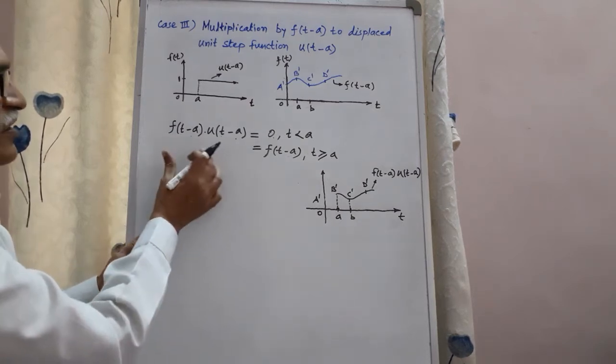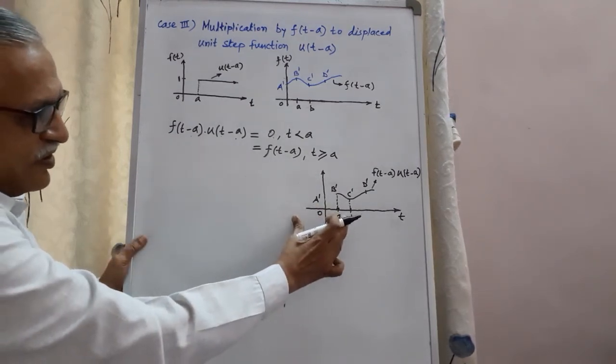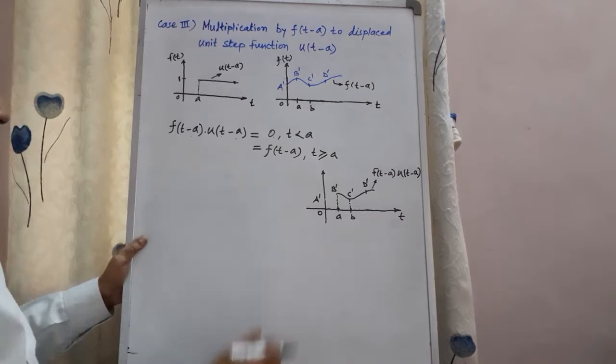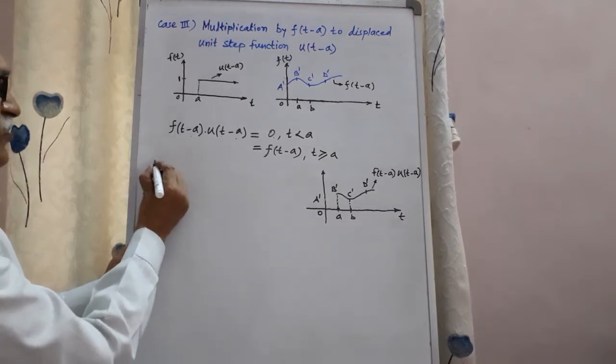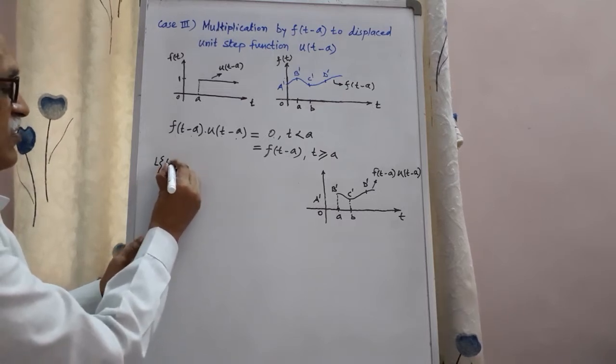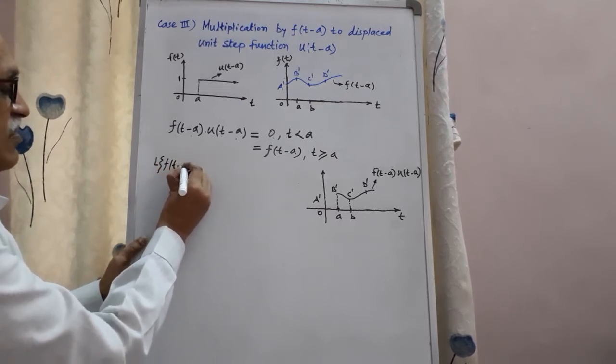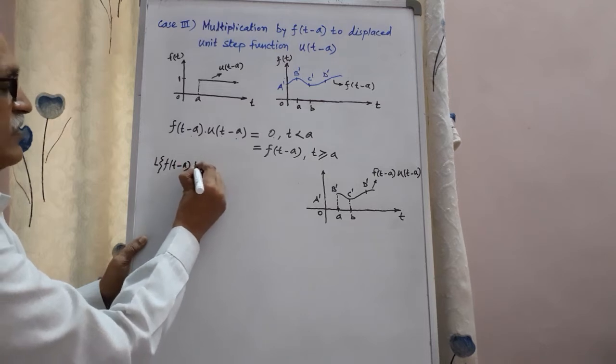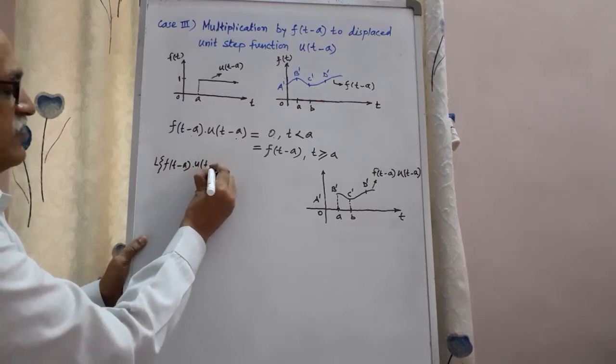After knowing the figure, we try to find the Laplace transform of f of t minus a into u of t minus a.